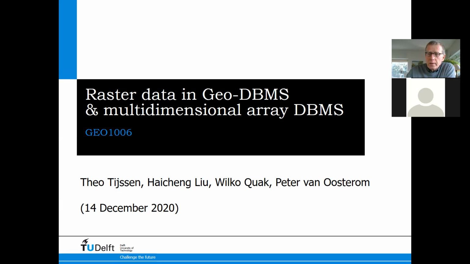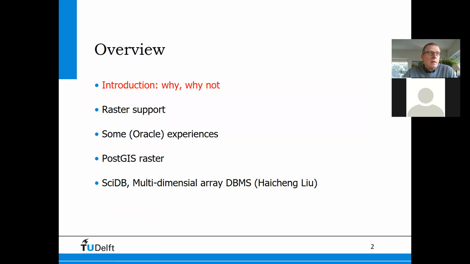I will first try to give you a motivation why I think it's important to have raster data in the database, though there are some drawbacks. Then I will make an inventory of what should be supported by the database. And then two relational databases are discussed that do support rasters, Oracle and PostGIS, with different solutions.